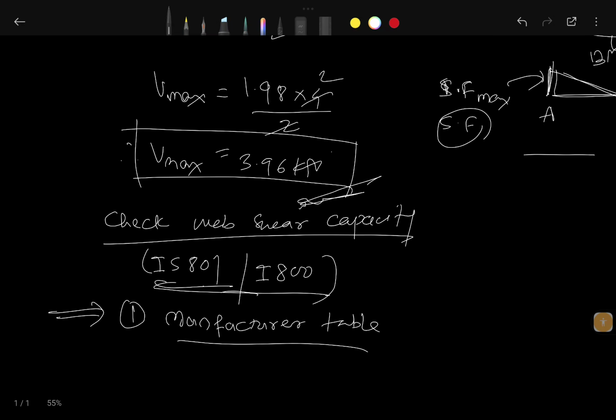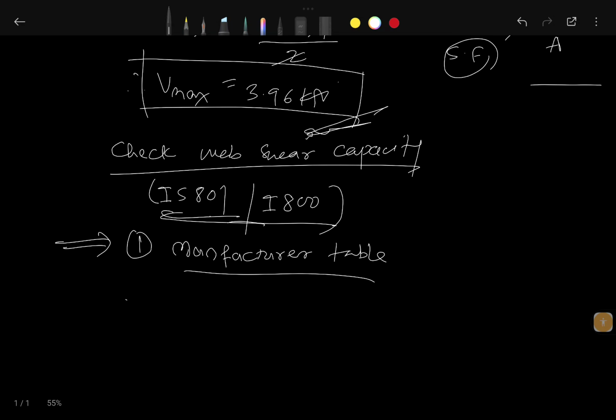In this example, we see the Z value will come 17,424 and the moment of inertia 7.86 into 10 to the power 5 mm raised to 4. So use these sections. Or if we prefer hot roll channel section, in IS code we have two sections.